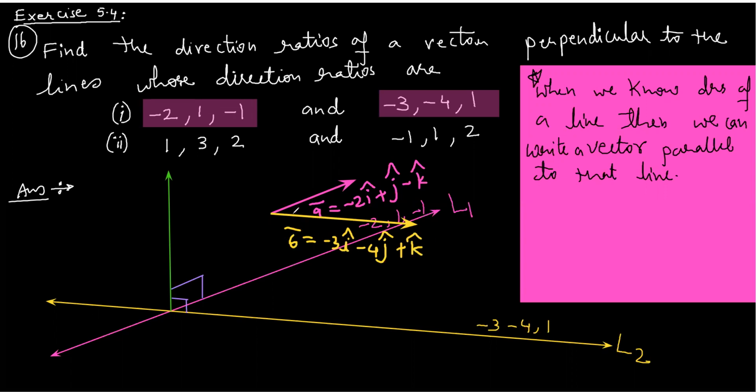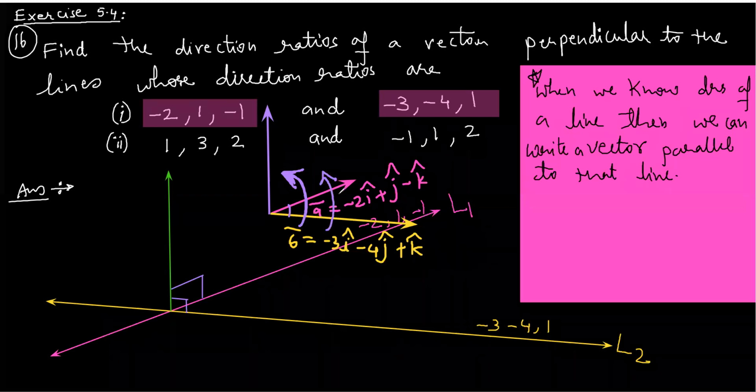After this, I will find B bar cross A bar. You can find A bar cross B bar or B bar cross A bar, either of them. If you find B bar cross A bar, then remember you will get this vector. By the right-handed triplet rule, if you are finding B bar cross A bar, you keep the four fingers of your right hand in the direction of B bar, and bend those four fingers towards A bar.